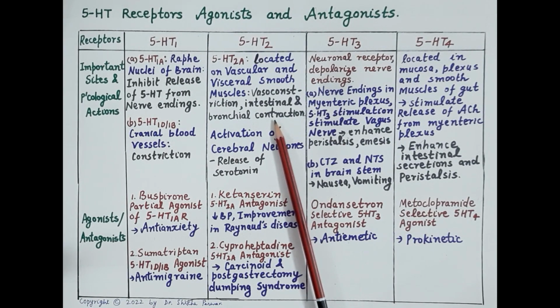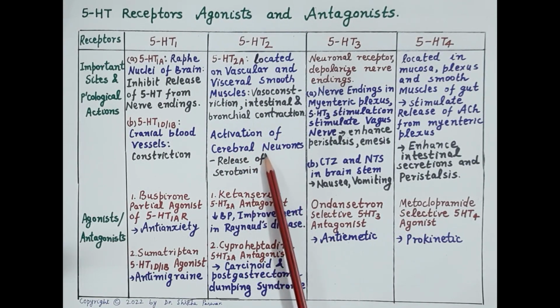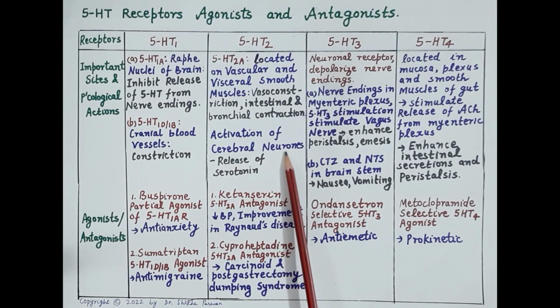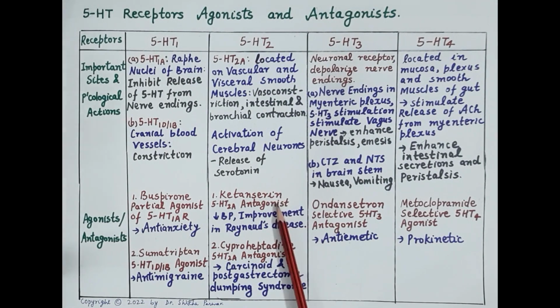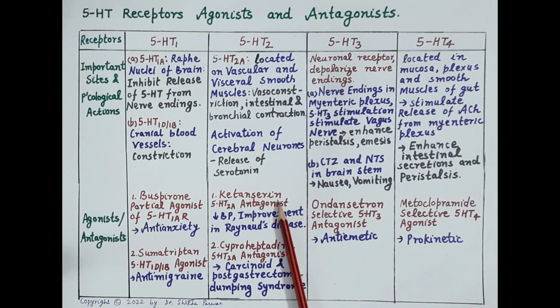Now, in addition to this, 5-HT2A receptors are also present on the cerebral neurons. Now, as these receptors are excitatory, stimulation of central 5-HT2A receptors causes increased release of serotonin. Now, ketanserin is a 5-HT receptor antagonist.